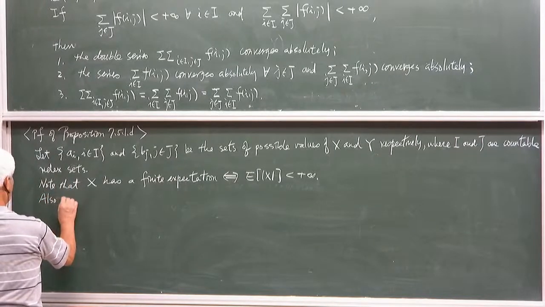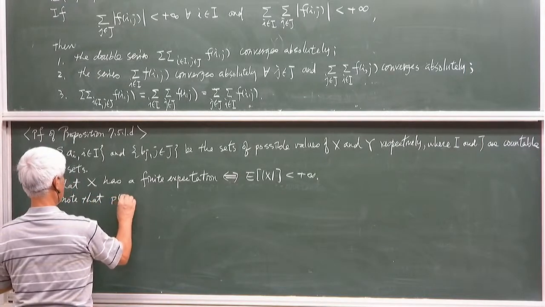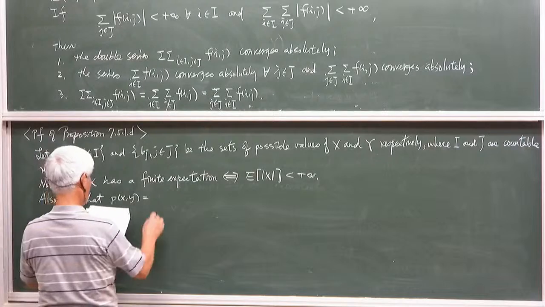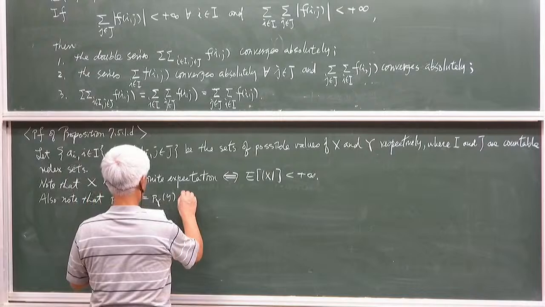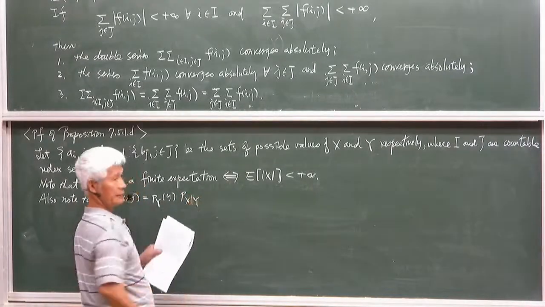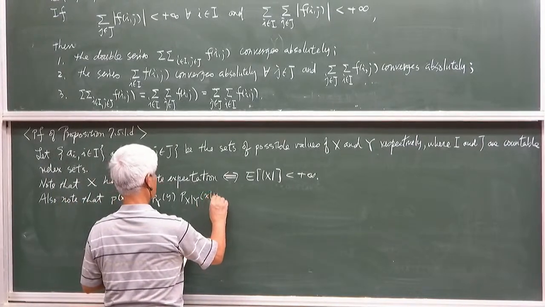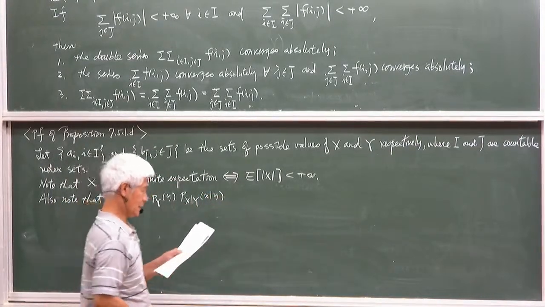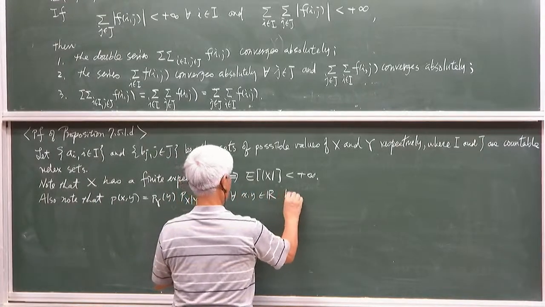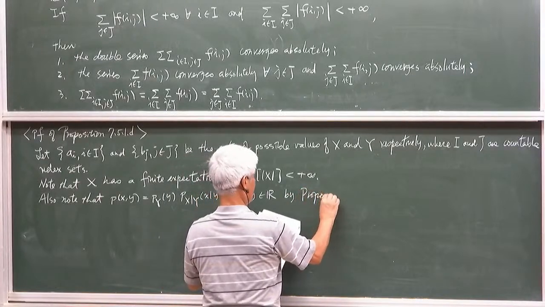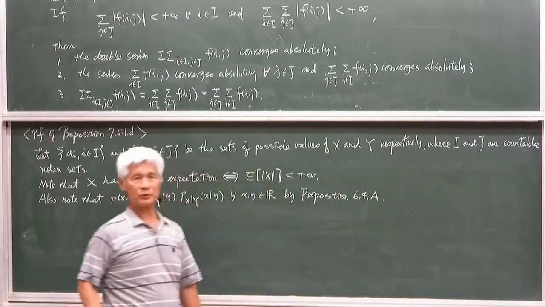Also, we know that the joint PMF of X and Y is equal to the marginal PMF of Y times the conditional PMF of random variable X given random variable Y at (x, y). Okay, and this identity is true for all x, y in R. All right, so this is by proposition 6.4.a.